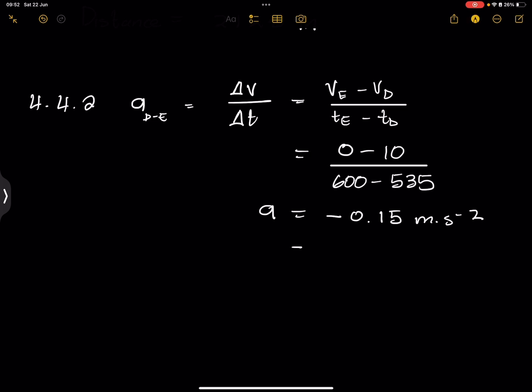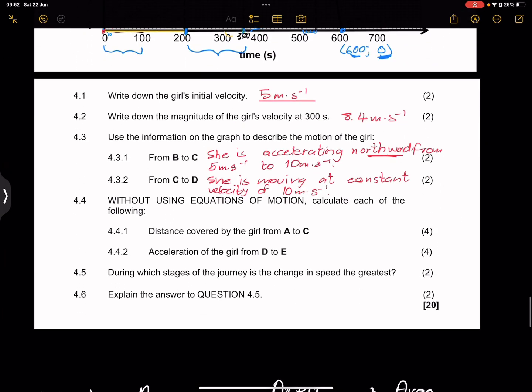That this is acceleration in the opposite direction, or it is actually slowing down at a rate of 0.15 meters per second squared.